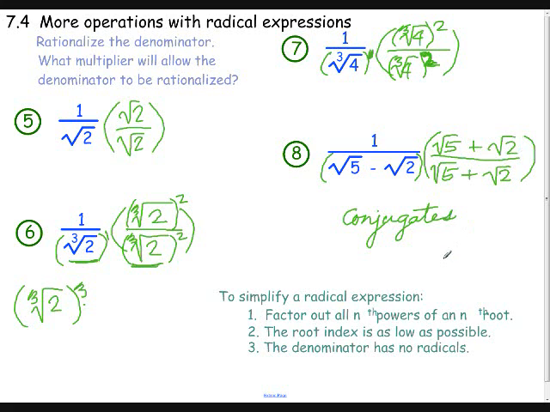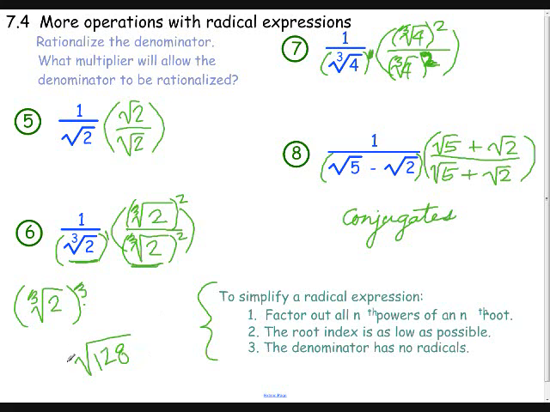That would do it. Let's just review the rules here for simplifying a radical expression. You factor out all the powers of the root. So in the case of taking the square root of 128, we factored out all the second powers.